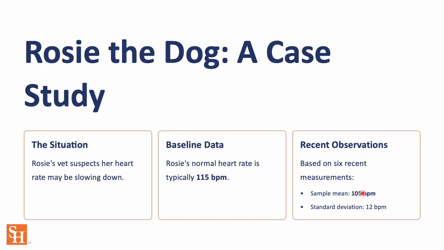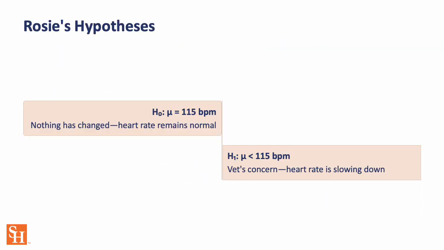Now for this we will discuss what our null hypothesis is, what our alternative hypothesis is, and how we can calculate the p-value. The population parameter value was 115. Under the null hypothesis, we assume that nothing has changed.